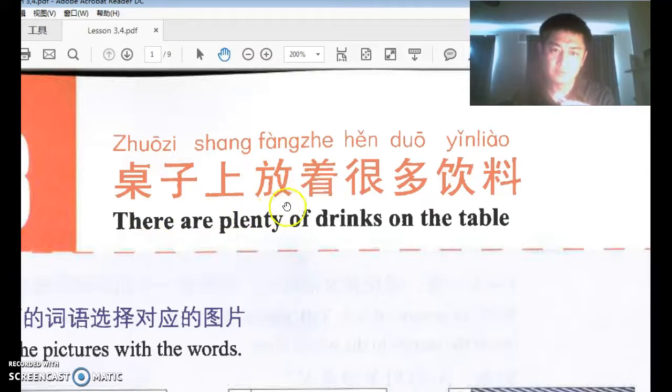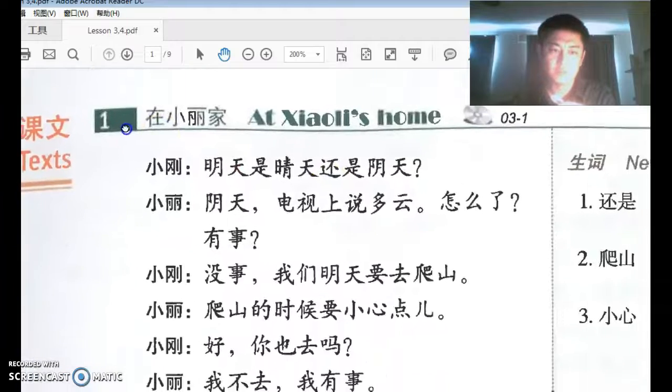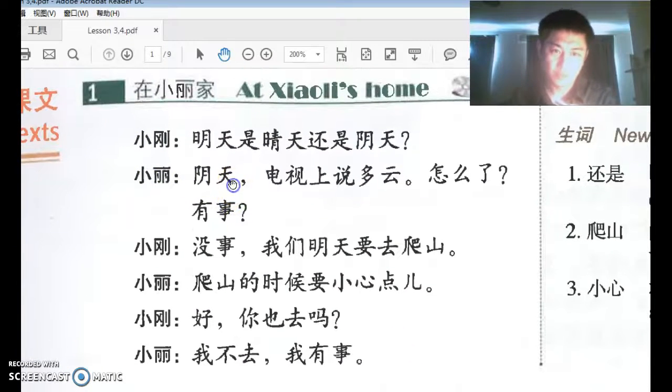桌子上放着很多饮料。饮料 is beverage. It's usually non-alcoholic beverage. Now the first text we have is 小刚 and 小丽. They went traveling, so they're quite close now. They're in 小丽's home, 在小丽家. And 小刚说: 明天是晴天还是阴天？晴天 is a sunny day, 阴天 a cloudy day.